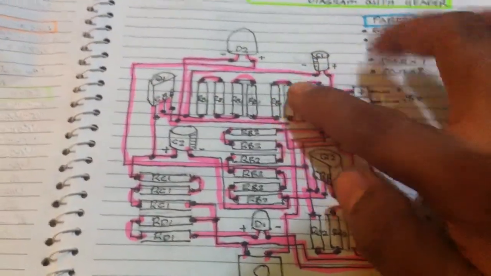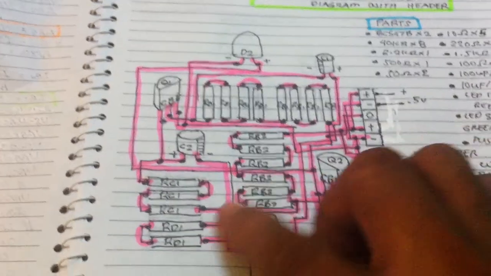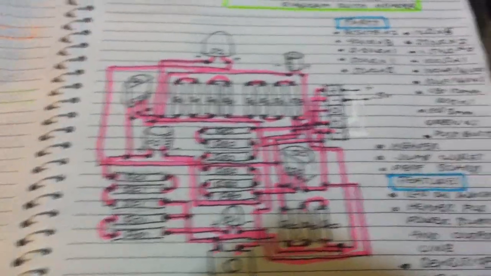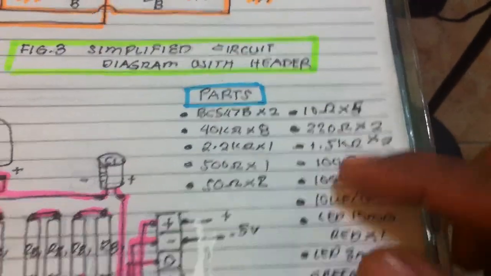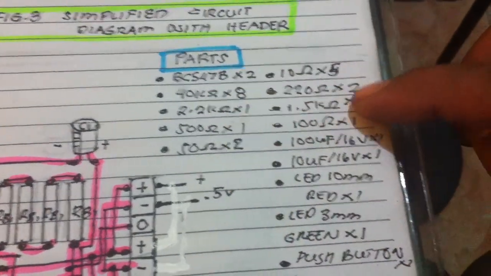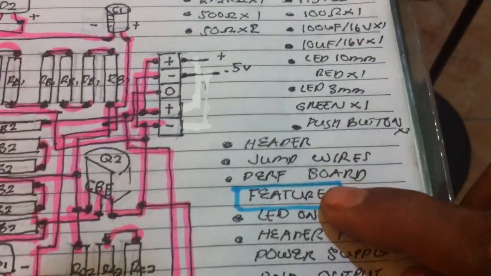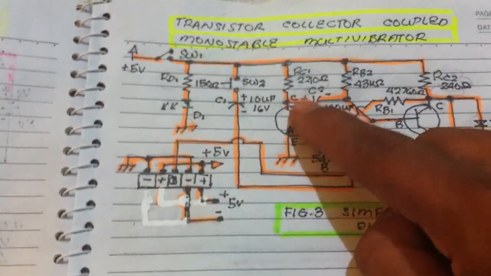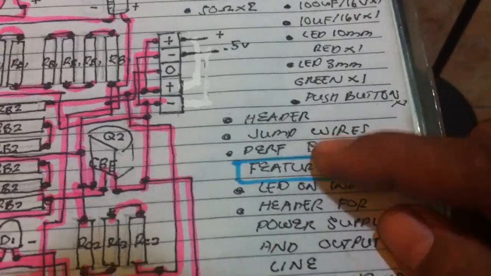And this one is the PCB layout. As you have seen here, I use a lot of resistors because those are the exact values according to my calculation. I'm using the exact values, that's why there are a lot of resistors. The parts here are the transistors, resistors, and capacitors: I use 10 microfarad for debounce and 100 microfarad for the coupling capacitor, and also a perf board, green LED, header, and jump wires.